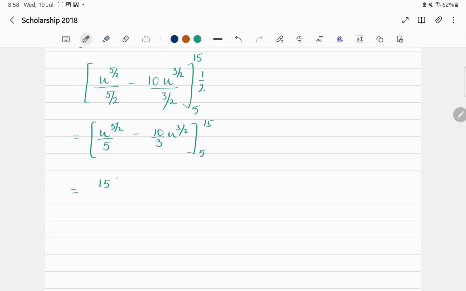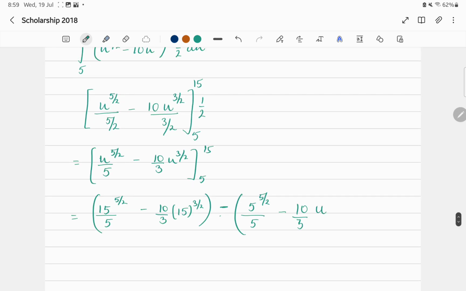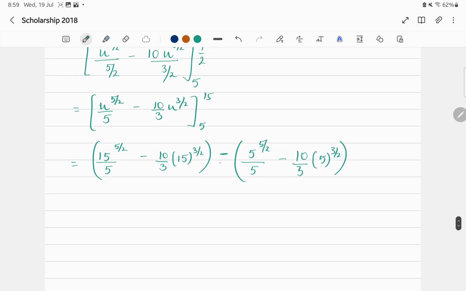So it's 15 to the power of 5 over 2 over 5 minus 10 over 3 u, where u is 15 now, which is 15 to the power of 3 over 2, minus 5 to the power of 5 over 2 over 5 minus 10 over 3, again with u as 5, 5 to the 3 over 2. Put that into the calculator and you should get your answer.